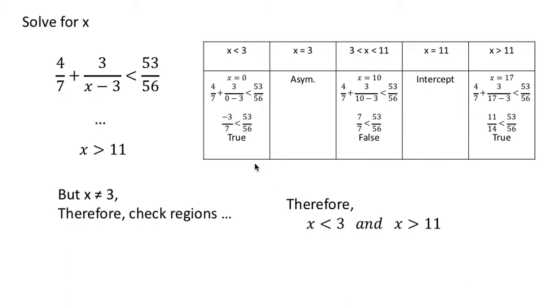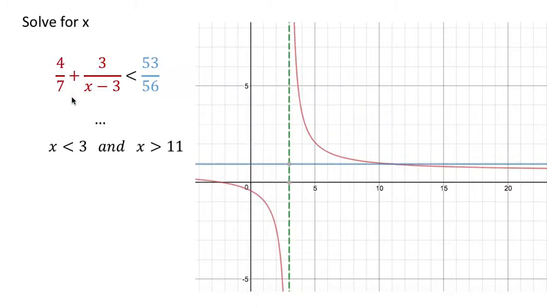What's going on here? How does that work? If we graph the left-hand side, that's the red one, and the right-hand side is just a constant, so it's just a horizontal line. You see they intersect when x equals 11. Now we're asking for less than. So when is the red one less than the blue one?